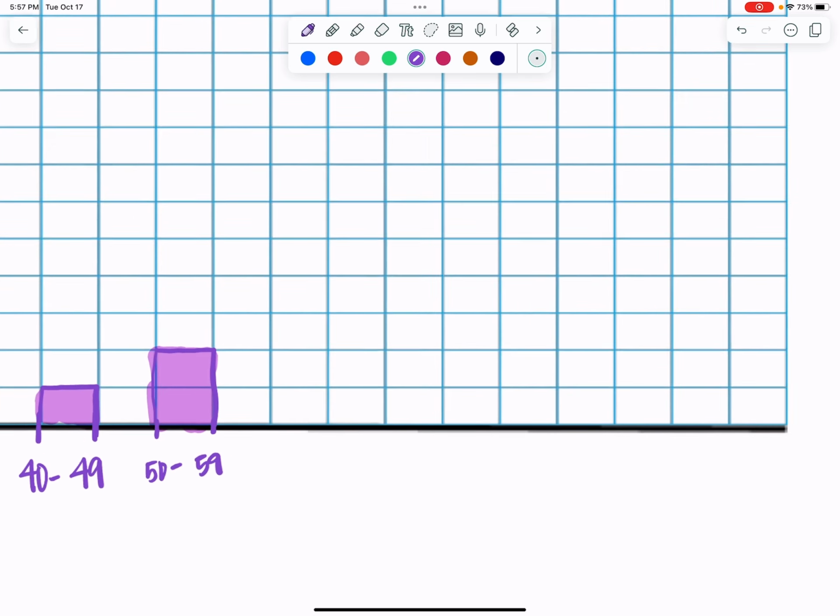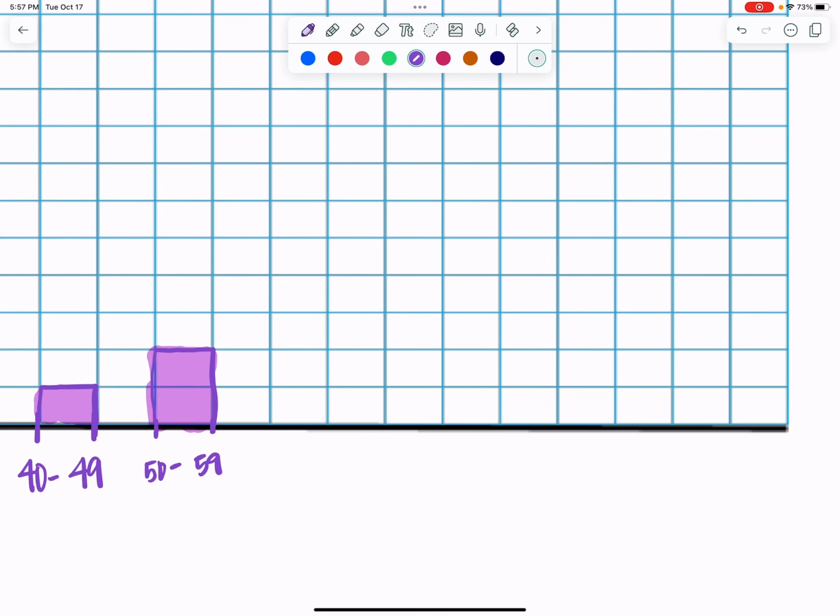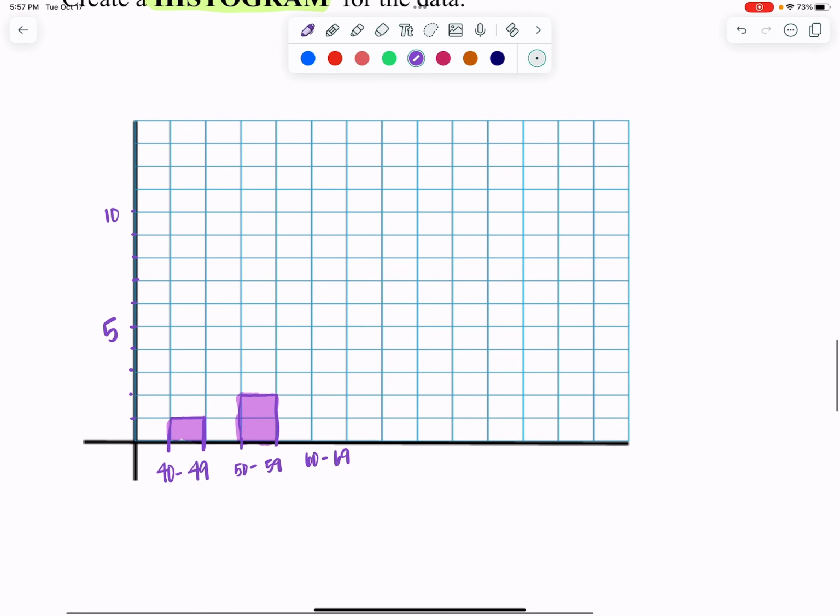My next class will go from 60 to 69. And we could make each block count for 2 or 3. It just depends on what kind of scale you want to use. We could make our rectangles 2 rectangles wide. It's completely up to you. And you could make a different looking histogram than I could for this data, and they could still be perfectly valid.